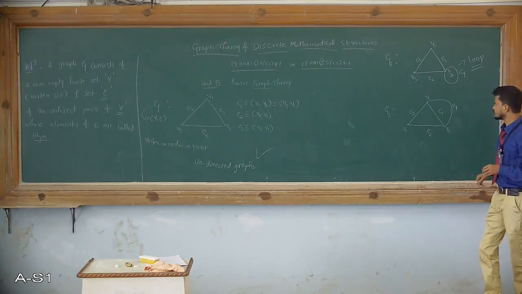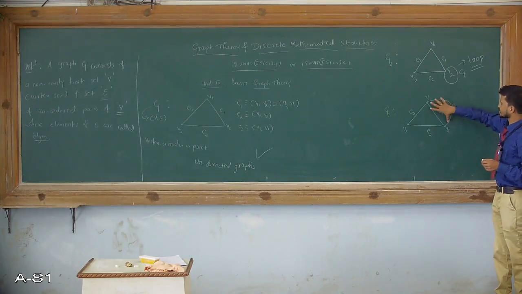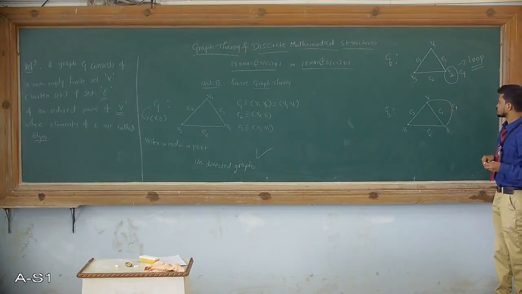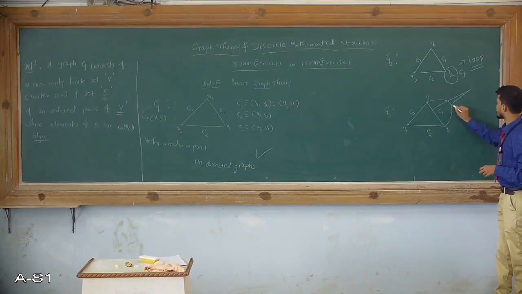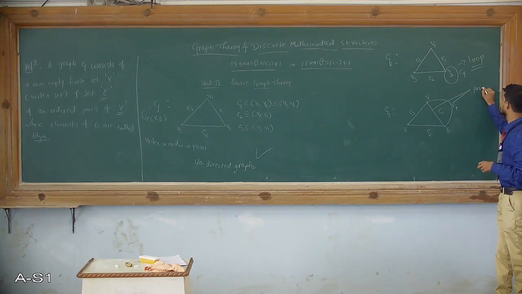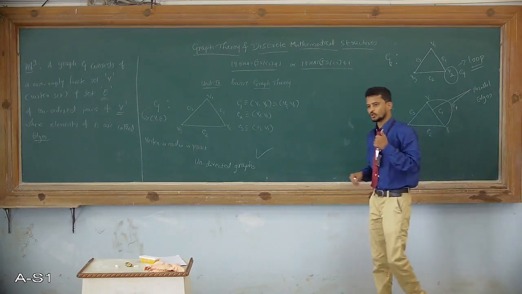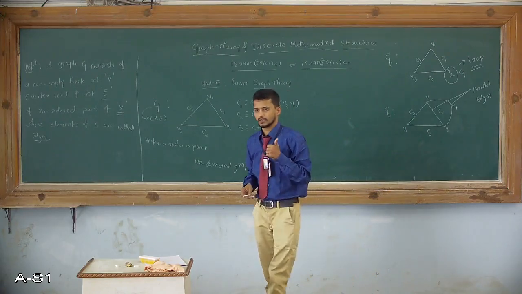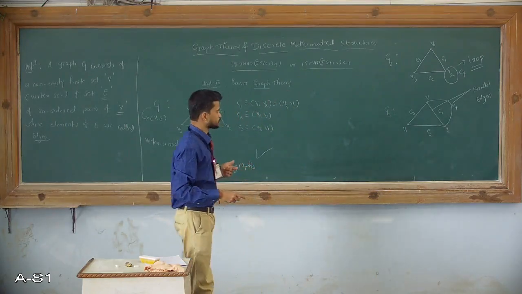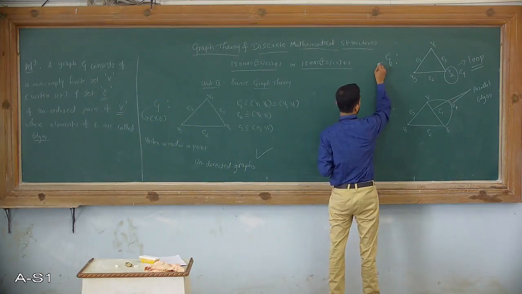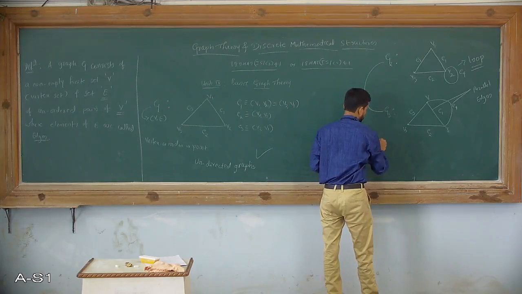In this other case, two vertices have two edges in common, so these two lines are called parallel edges. In graphs where loops exist as well as multiple edges, in other words parallel edges, these types of graphs are called multigraphs.